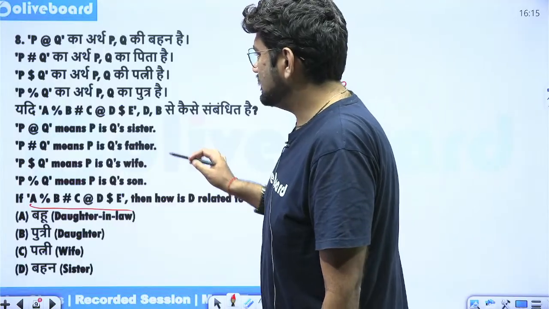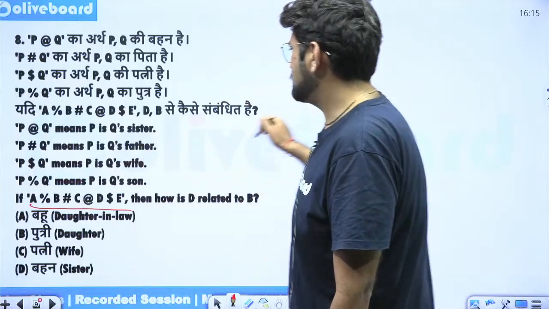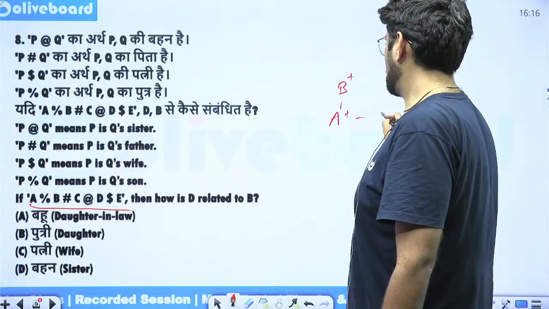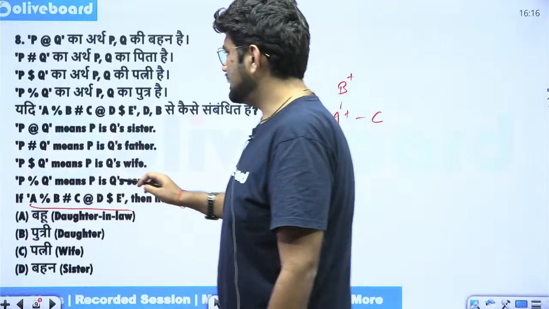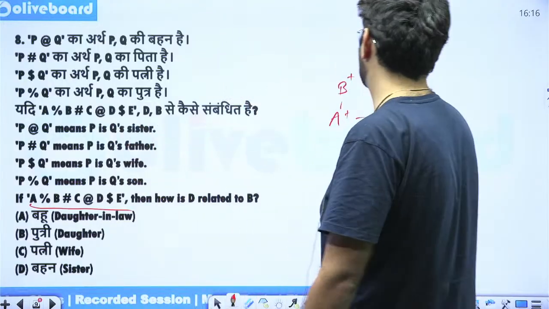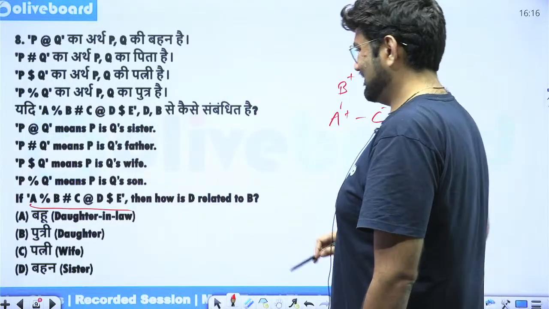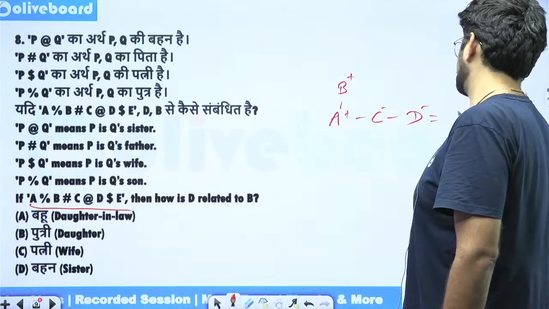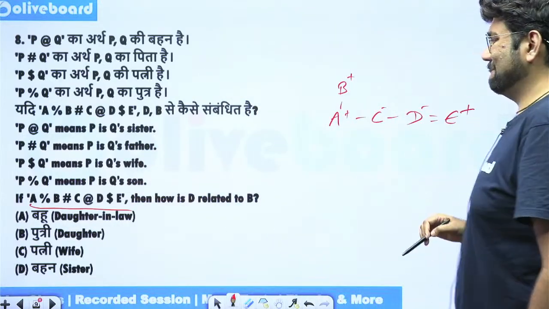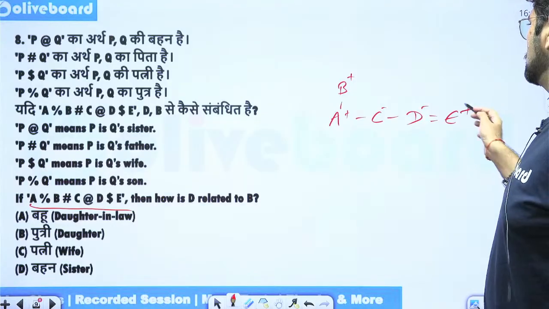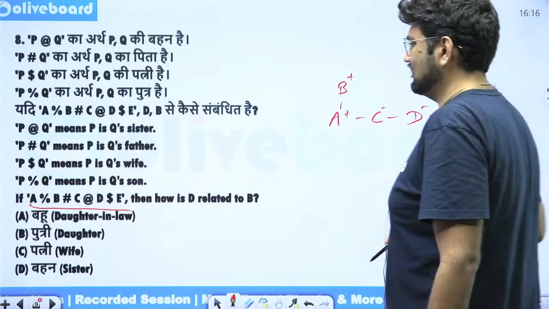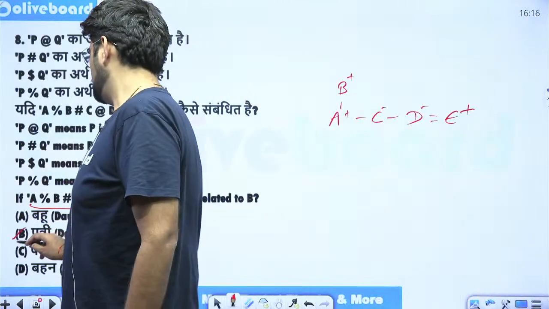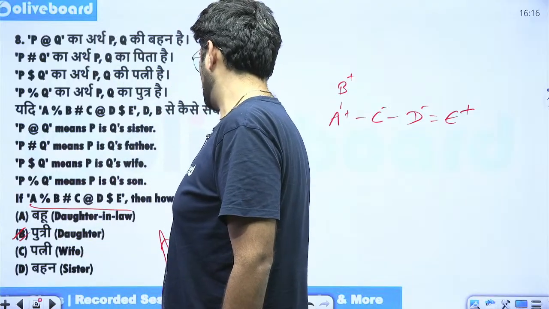B hash C means B is C's father. C at the rate D means C is D's sister. And D dollar E means D is E's wife. How is D related to B? She's the daughter of B. So option B is the right answer. Okay.